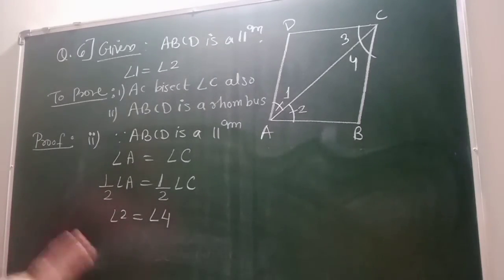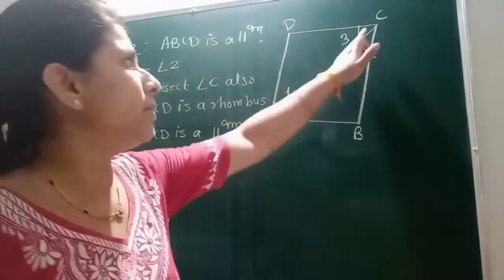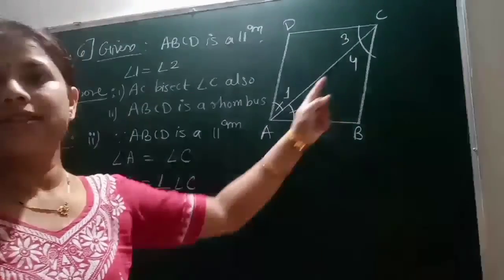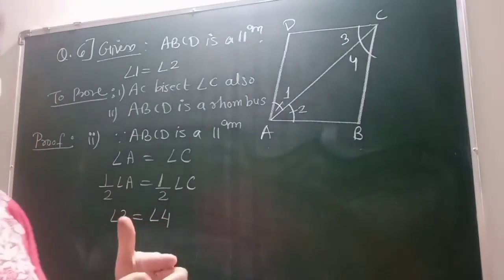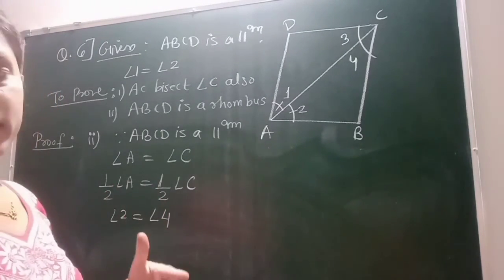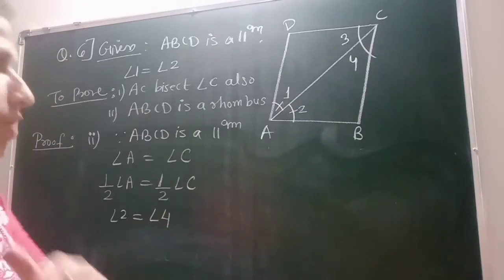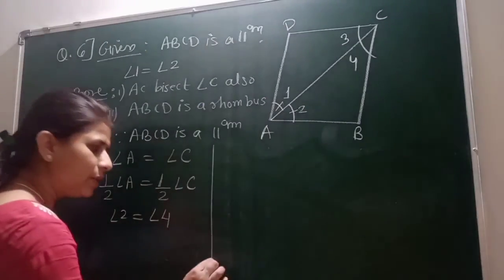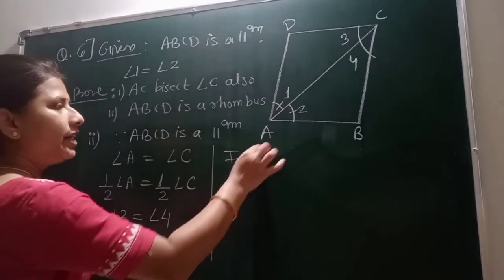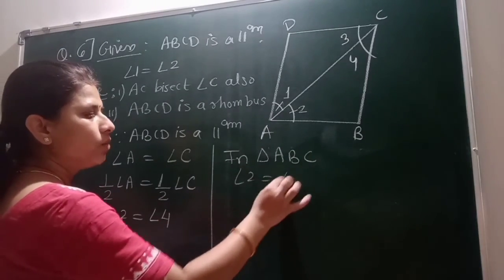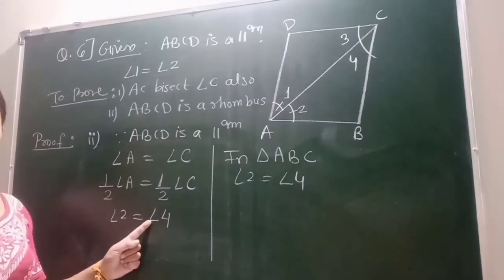Okay. Now look at this triangle ABC. In this triangle, these two angles are equal, and we know if in any triangle two angles are equal, their opposite sides will also be equal. So now we will use that property. In triangle ABC, angle 2 equals angle 4, which we just proved.